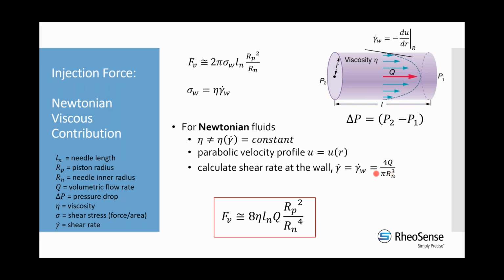So it's back now, and we can use that in combination with this definition of viscosity to get our shear stress at the wall and get a very simple expression for this viscous contribution to the force for a Newtonian fluid. And it's just going to depend on that viscosity being constant, the needle length, volumetric flow rate, and then the radius of the piston and inner radius of the needle.